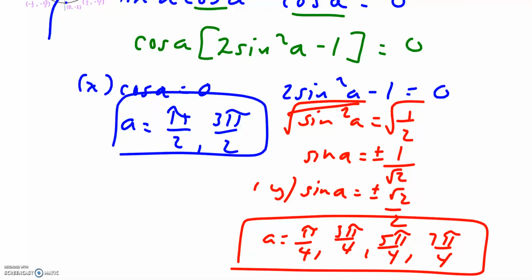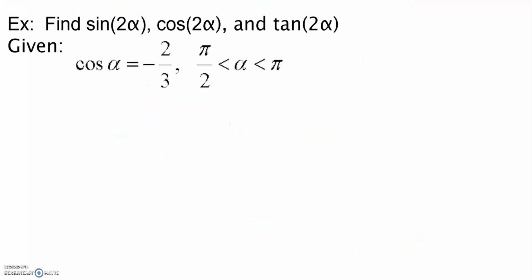So double angle formulas are very useful for solving equations. They are also useful for simplifying expressions. We would like to find sine of 2 alpha, cosine of 2 alpha, and tangent of 2 alpha. I will change these all to x's just to be a little easier. Now, we are given just the cosine of x is negative 2/3, and we're given a quadrant.